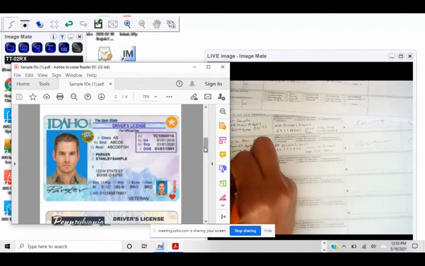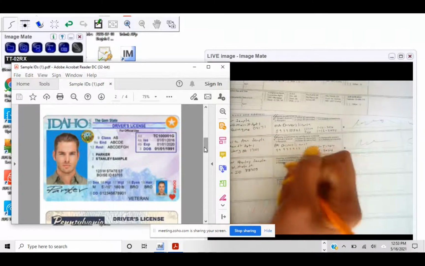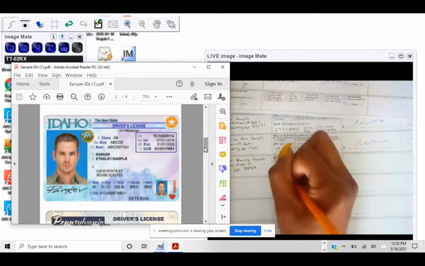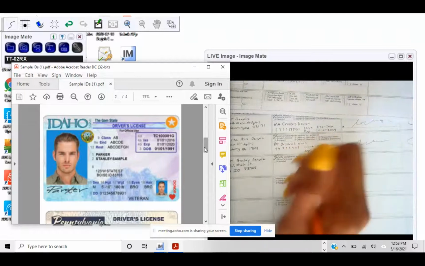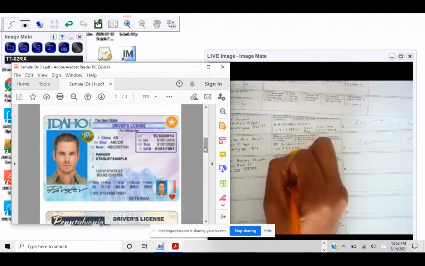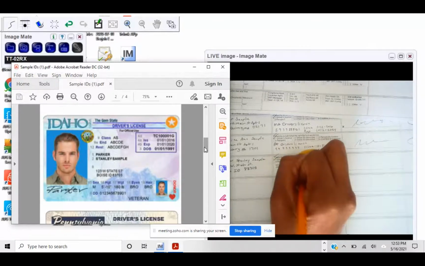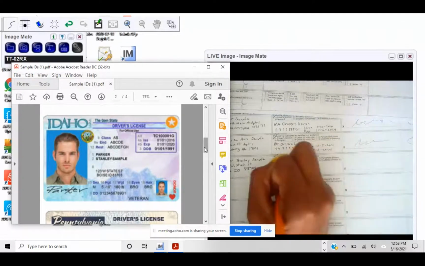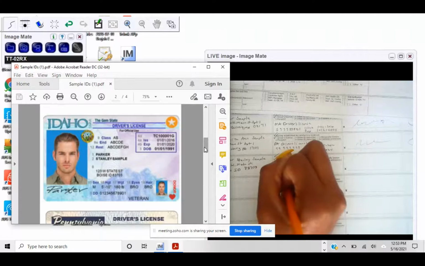That's at 83703. Gosh, my writing is terrible, guys. Got Idaho. Driver's license. And the ID number is.